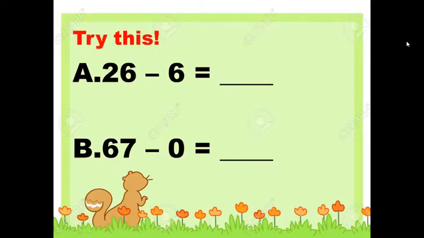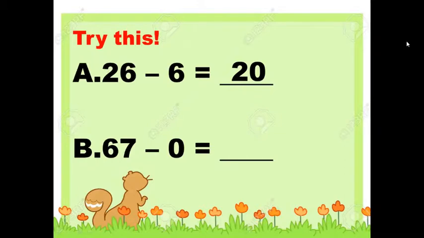Let's have letter A. 26 minus 6. What would be the correct answer? How did you find out your answer? That's right. 26 minus 6 is equal to 20 because you have the same number in our ones.